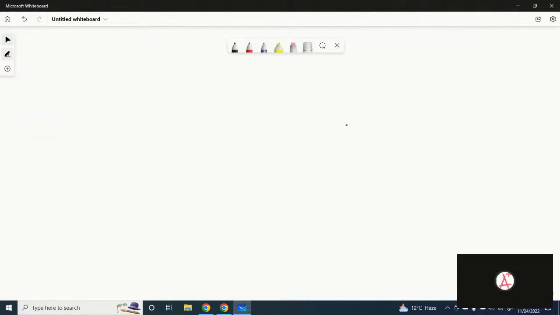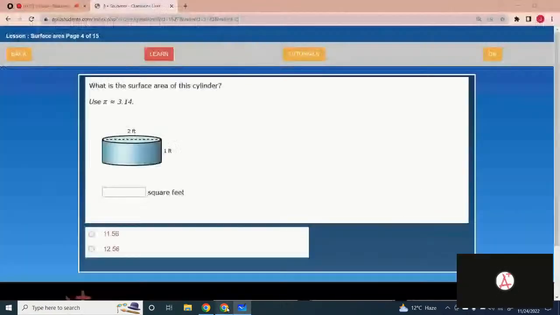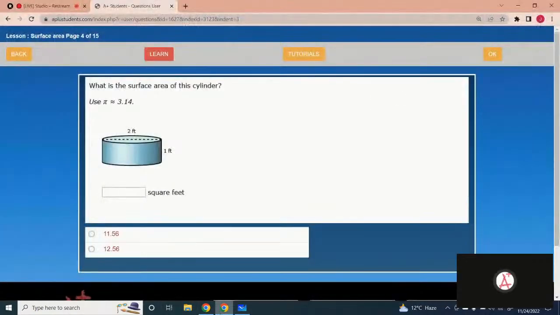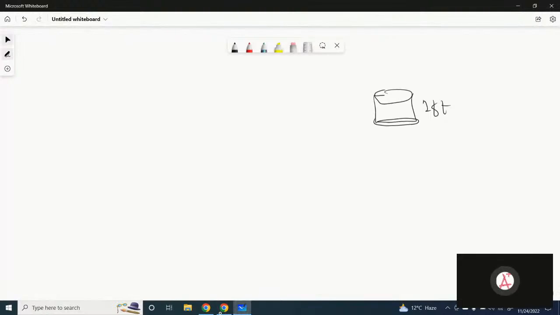It looks like this. So it has the values 1 feet and 2 feet. Is 1 feet the radius or diameter? It is the diameter. Got it? The complete length from here to here must be the diameter. This isn't the radius. Got it?